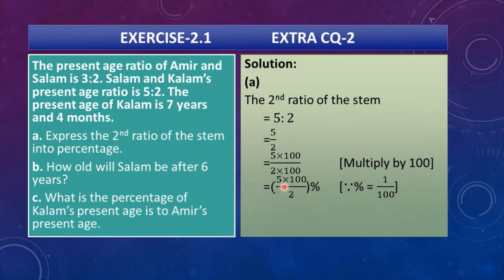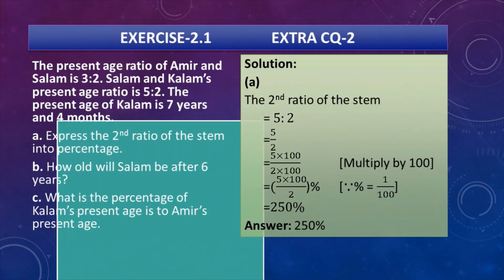Then 5 multiplied by 100 divided by 2, because we know percentage equals 1 divided by 100. So instead of 1 divided by 100, we can write down the percentage sign. Now if we reduce, we get 250%, because if we divide 100 by 2, we get 50, and 5 multiplied by 50, that would be 250%, my dear students. So this is the answer of A.